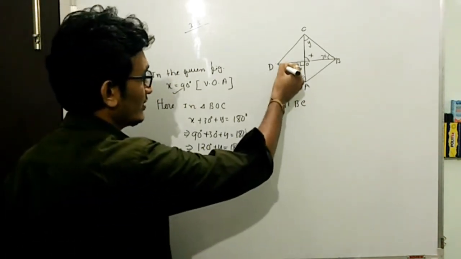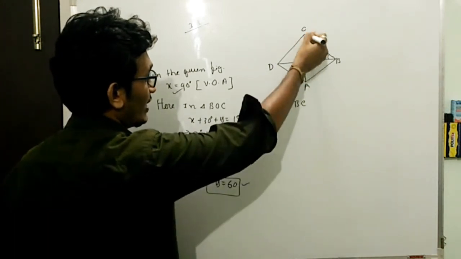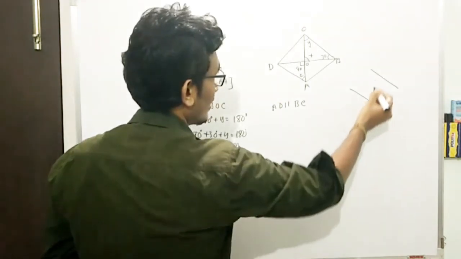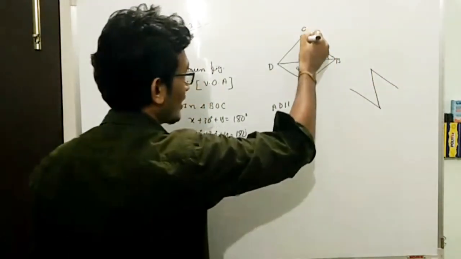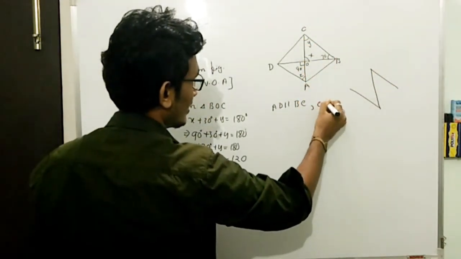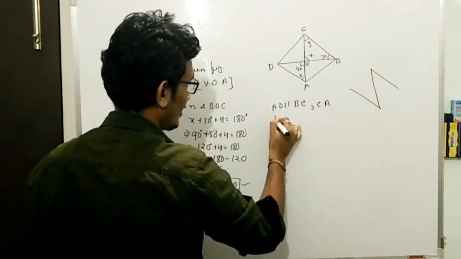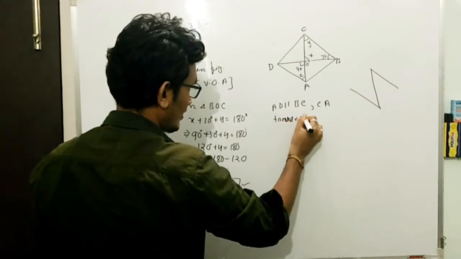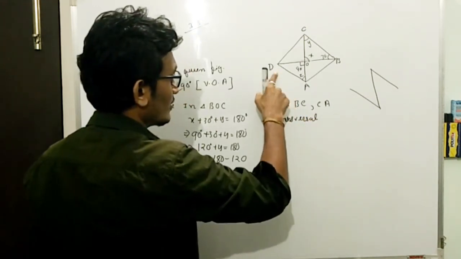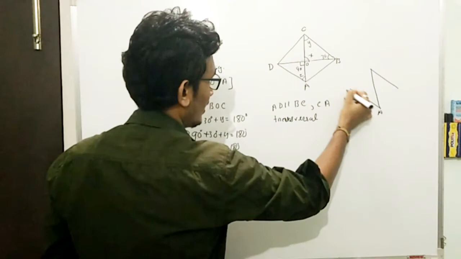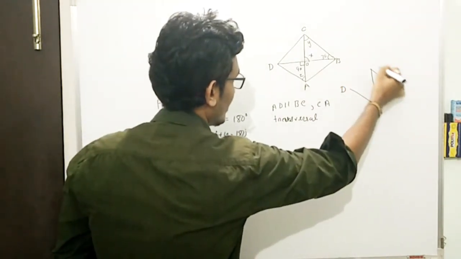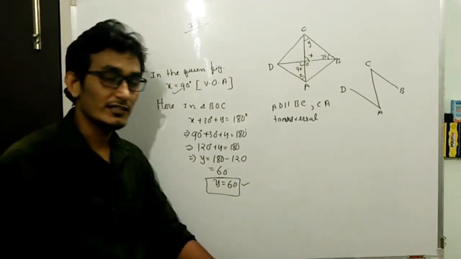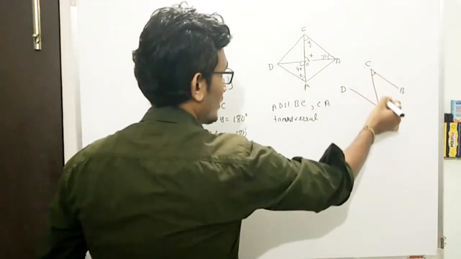AD and BC are parallel, and CA we consider as a transversal. If CA is the transversal, these two angles should be equal.